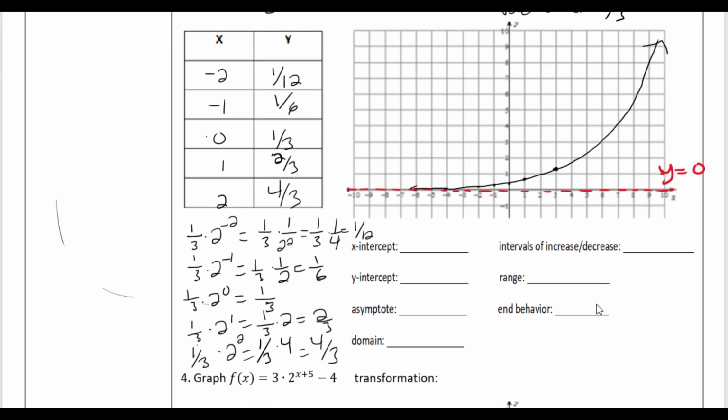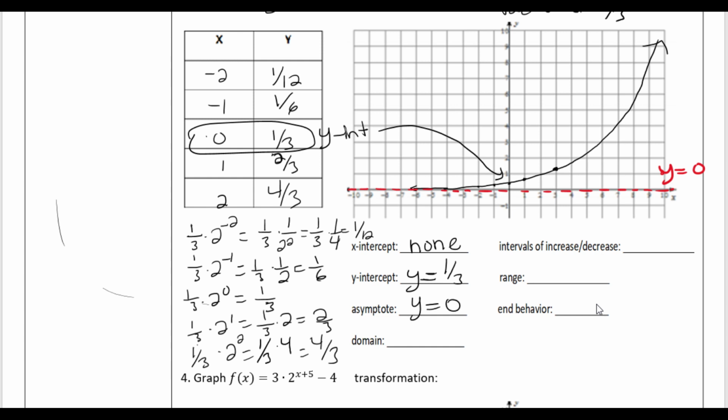All right, so now the x-intercept, again, there's none. Y-intercept, this time the y-intercept is here. Remember, the y-intercept is where x is equal to 0. So our y-intercept is y equals 1/3. That's where it crosses the y-axis. That's our y-intercept there, which corresponds to that point there. And then the asymptote is y equals 0.